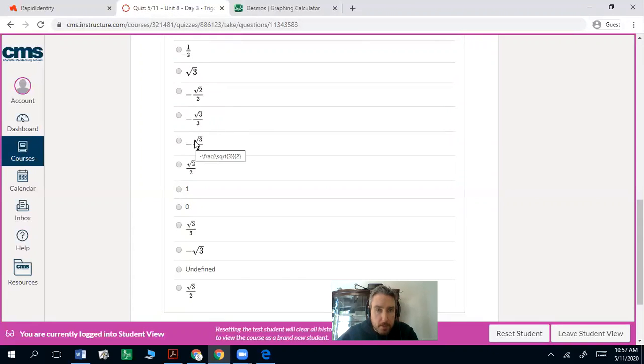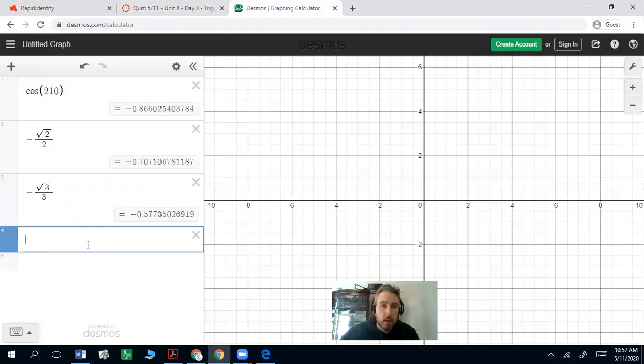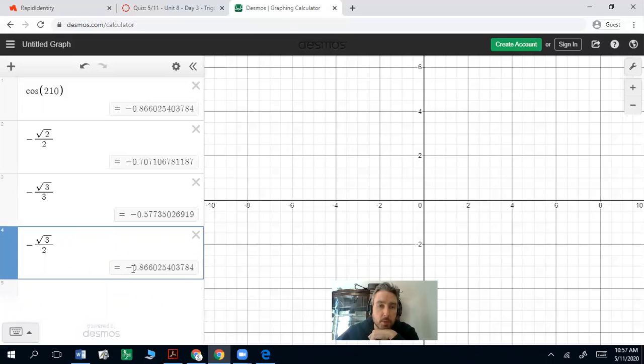So let's try the negative square root of 3/2. Negative SQRT 3, right arrow, divided by 2. Now look at this number here, negative 0.8660254033784. Look at the first number when we just typed in cosine of 210 in degree mode.